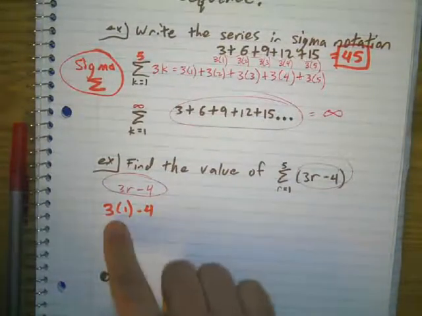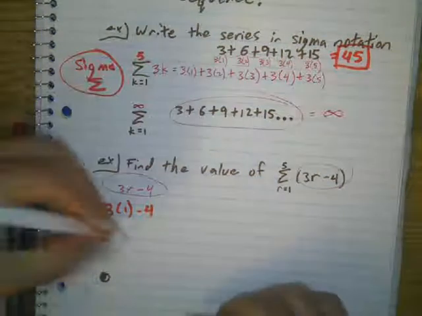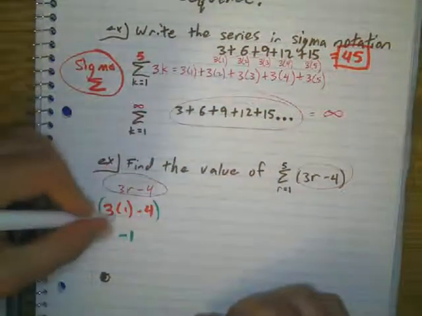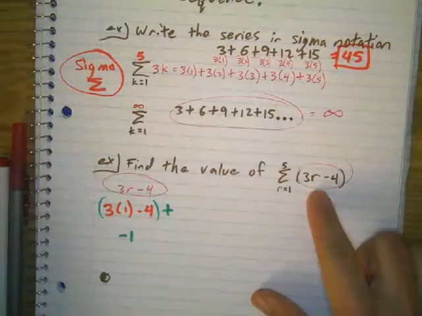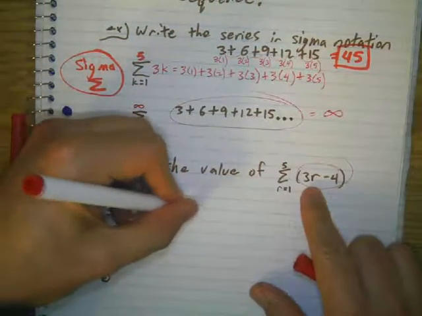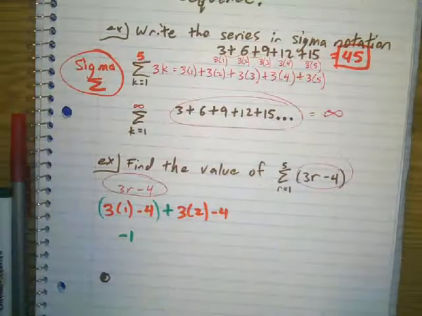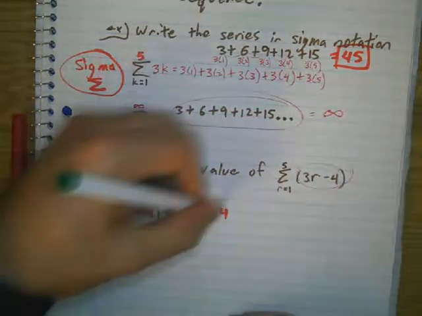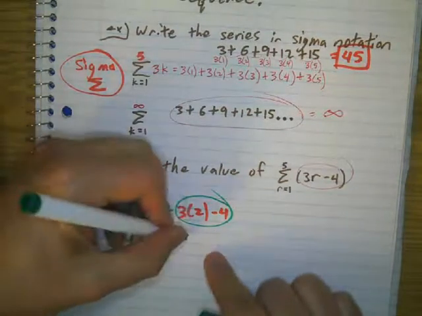Well, 3 minus 4, that's going to give me negative 1, right? Okay, plus, now we're going to plug in 2 in for r. 3 times 2 minus 4. Okay, and that gives me 6 minus 4, that's going to give me 2, right?